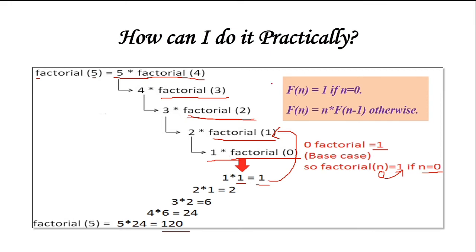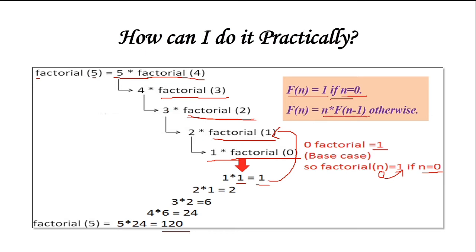So I can conclude that f of n is equal to 1 if n is equal to 0. If n is 0, that means it is a base case and f of n we can assign the value of 1. Otherwise you need to repeat all these things. How can you repeat this function?